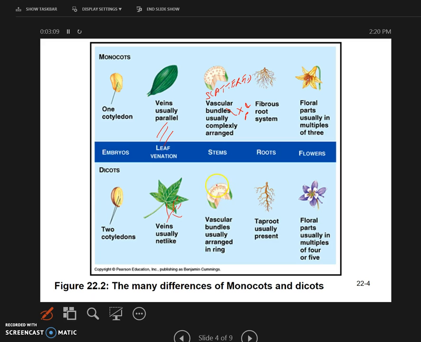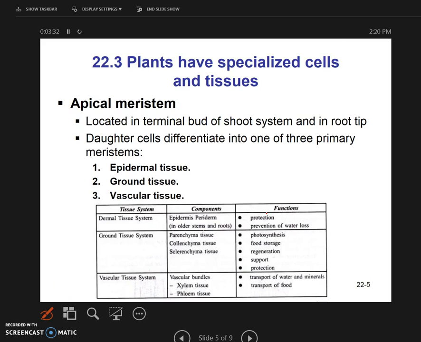We'll talk about that in our presentation too. Monocots have a fibrous root system, dicots a taproot system. The floral parts are in multiples of 3s in monocots. In dicots, the floral parts are in multiples of 4 and 5. Corn, Zea, maize is a typical example of monocot. All right. Sunflower is a typical example of dicot.